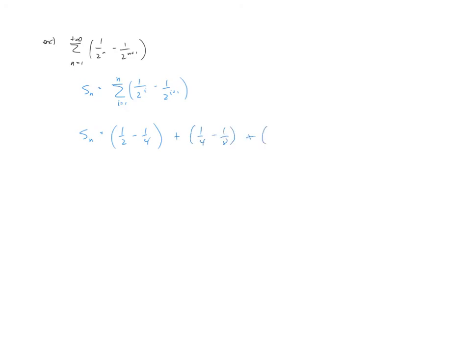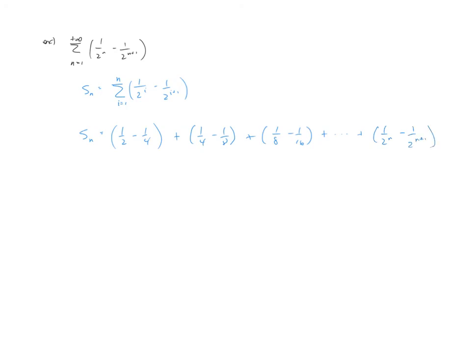And then the next one, if i equals 3, gives us 1/8 minus 1/16. And then this would continue all the way till the very end where we evaluated at n. So we're going to have 1 over 2 to the n minus 1 over 2 to the n plus 1.